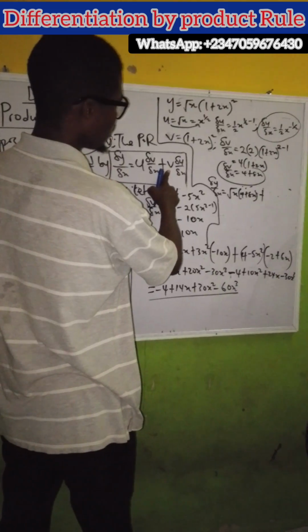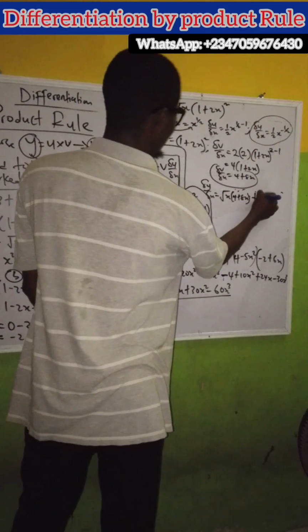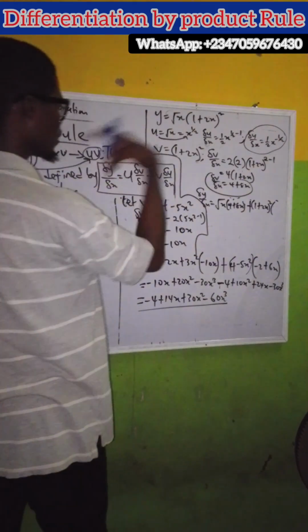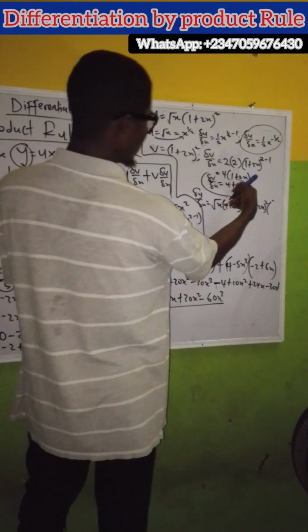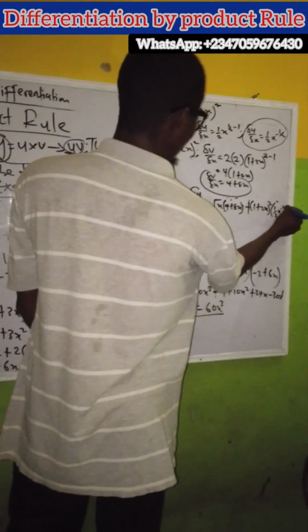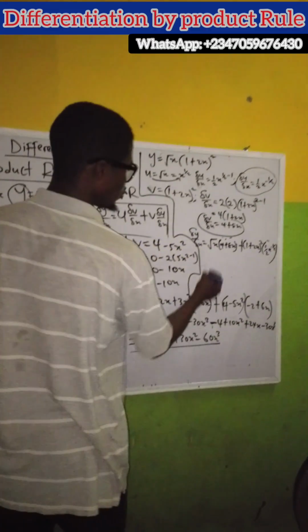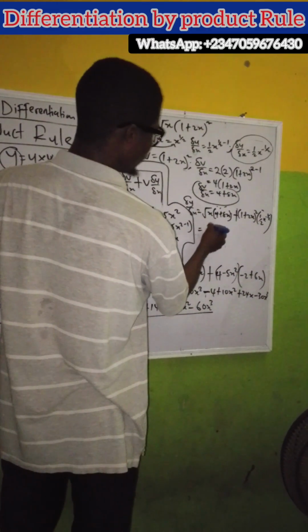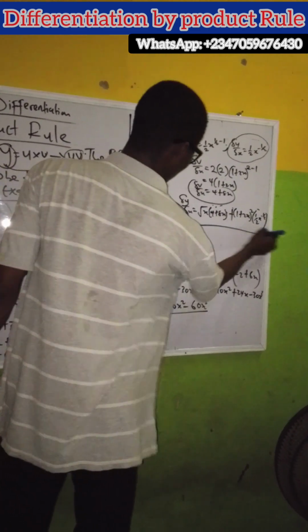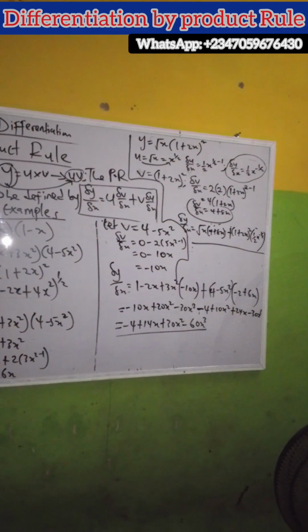Our v is (1 plus 2x) squared, into, what is our du over dx? Our du over dx is now this guy, so 1 over 2 x to the power minus half. Okay, so we can leave our answer this way. You understand? So there's no point going further. So this is our final answer.